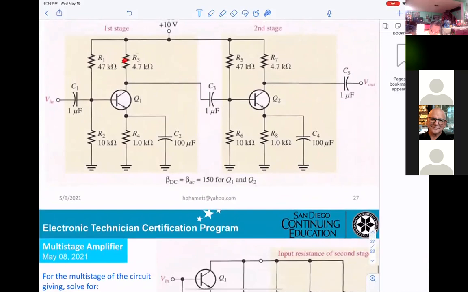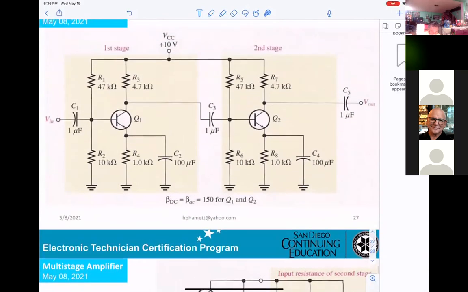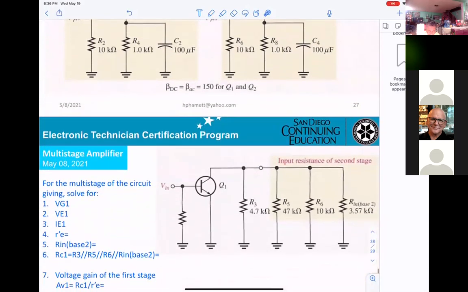That R3 right here, R3 parallel R5. That means R5 here, R6 here. When you draw it for AC, they go to ground, right? So that's why R3 parallel R5 parallel R6 and parallel with R in B2.